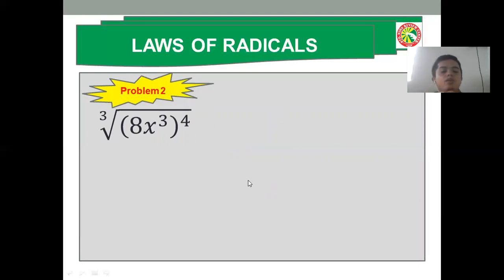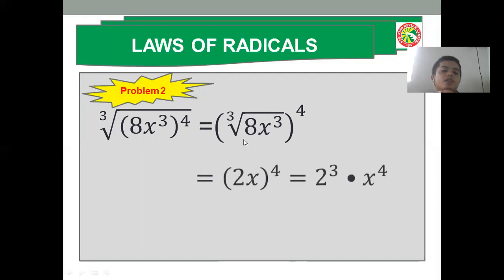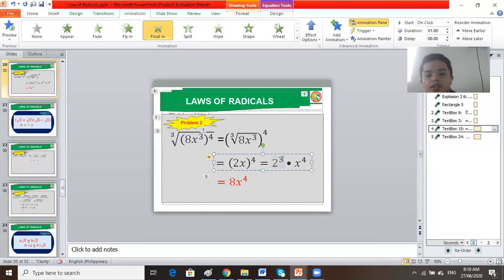Problem number 2. In this example, this is the exponent, this is the root, and this is the radical. You can write it in this way. As you have noticed, the cube root of 8x cubed can be simplified. The cube root of 8 is 2, and the cube root of x cubed is x. So this is raised to 4. Simplifying further by the law of exponents, 2x raised to 4 can be written as 2 to the 4 times x to the 4.